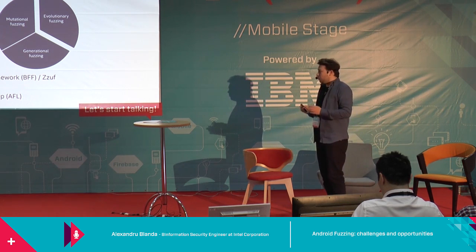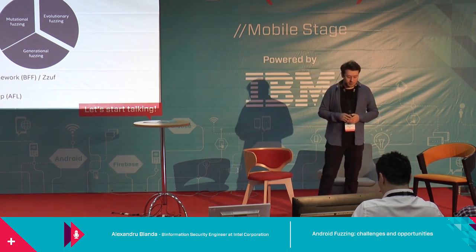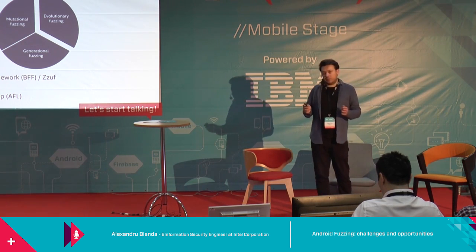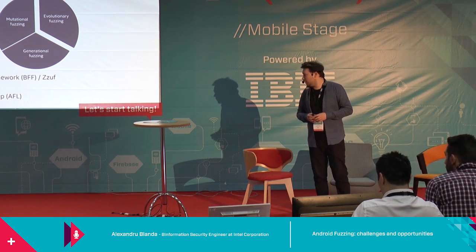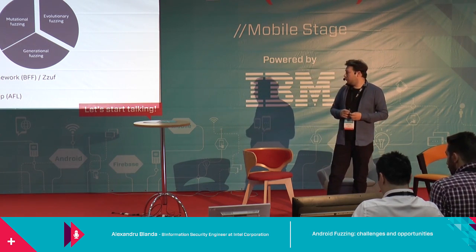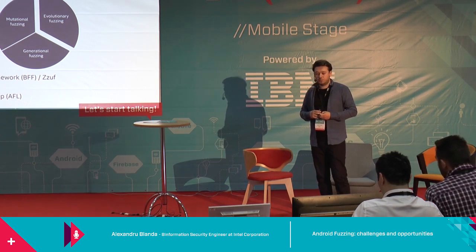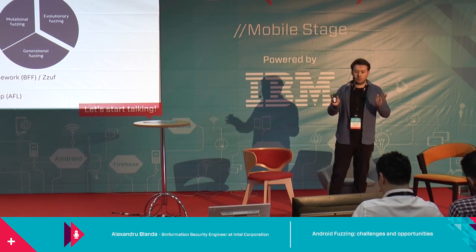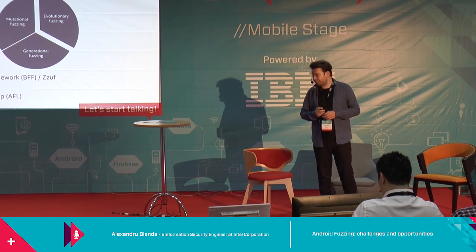There are many open source tools that can be used. The ones on the screen are just some examples. The most popular of all is American Fuzzy Lop. It is very powerful, and it is in a way an evolutionary fuzzing tool, so it tries to achieve as much code coverage as it can.